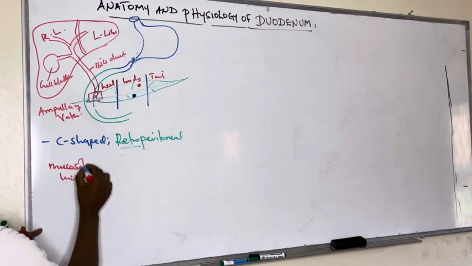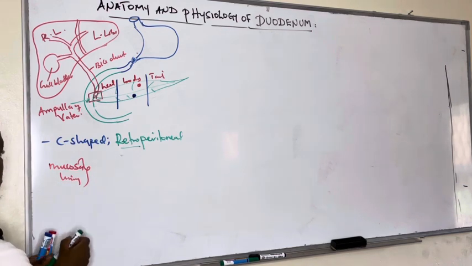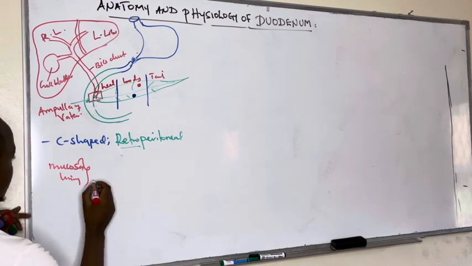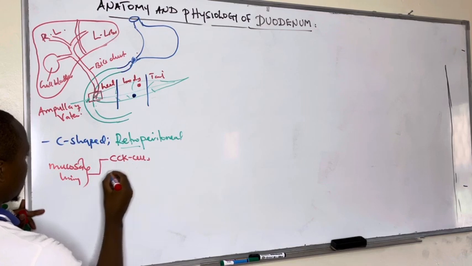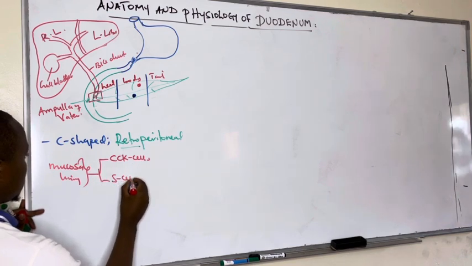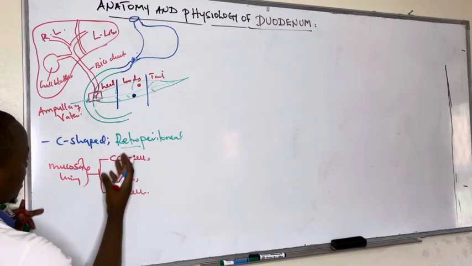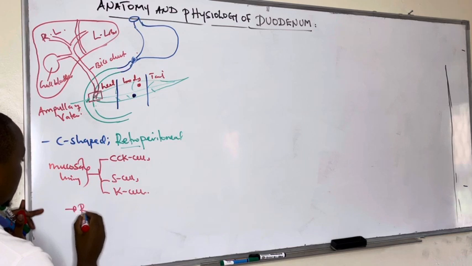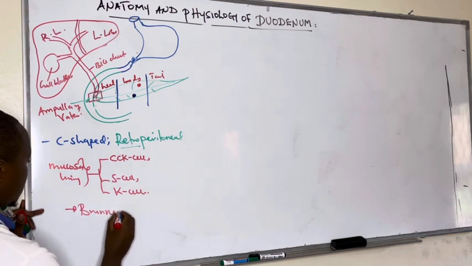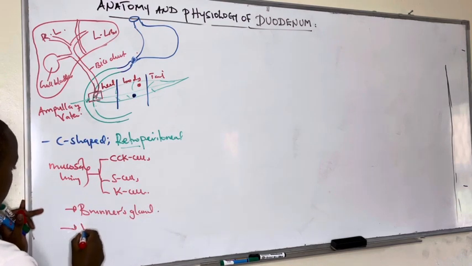The mucosal lining of the duodenum, the epithelium, is simple columnar, and it has different cells: the CCK cells, the S cells, the K cells, and apart from these enteroendocrine cells, it also has Brunner's glands.